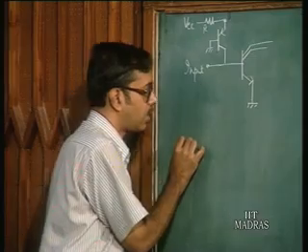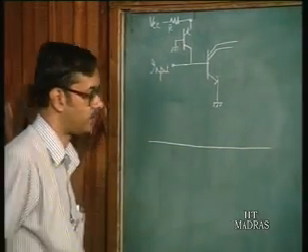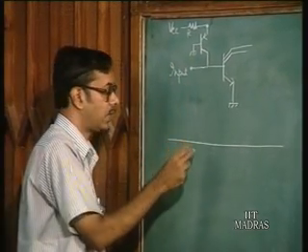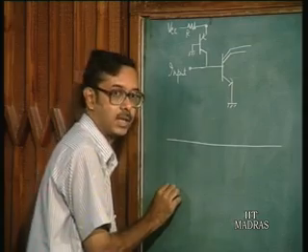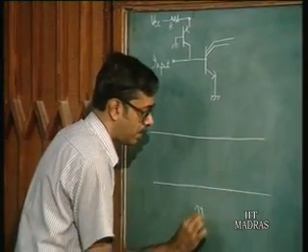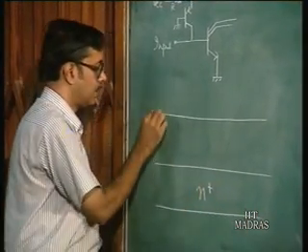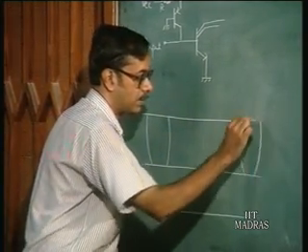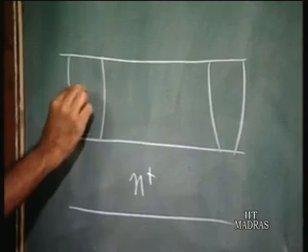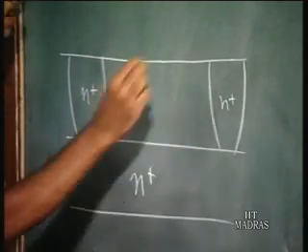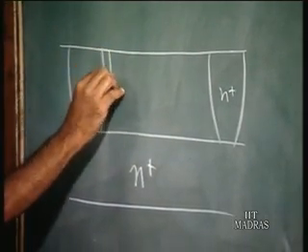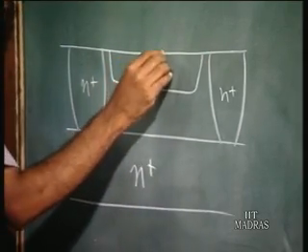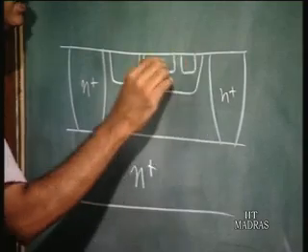We had also drawn the cross sectional view of this particular cell. The structure we had drawn is like this. You have an N plus substrate, you have the N plus guard ring. In today's class we shall discuss this structure in detail. So, you have the injector, then the base, and you have the collectors.